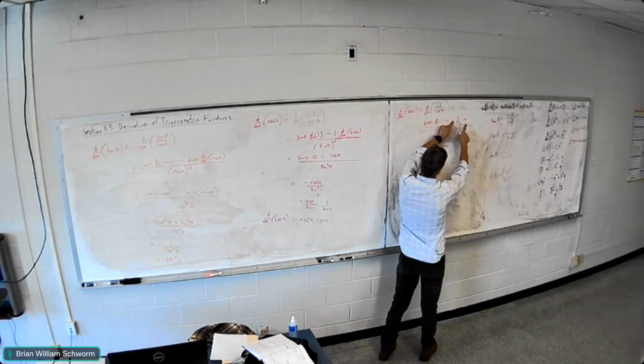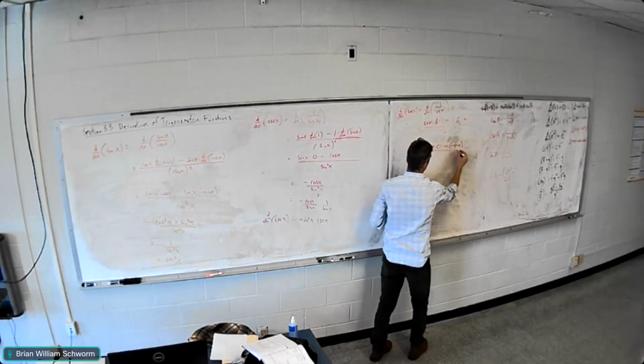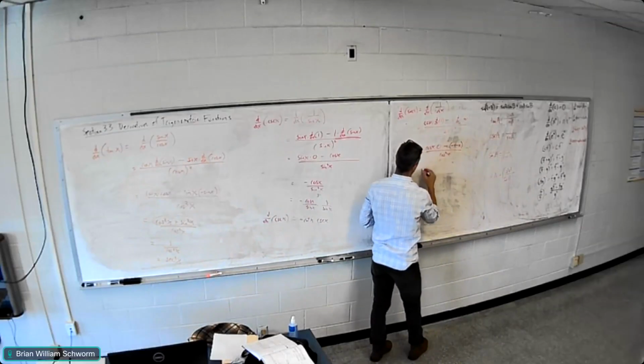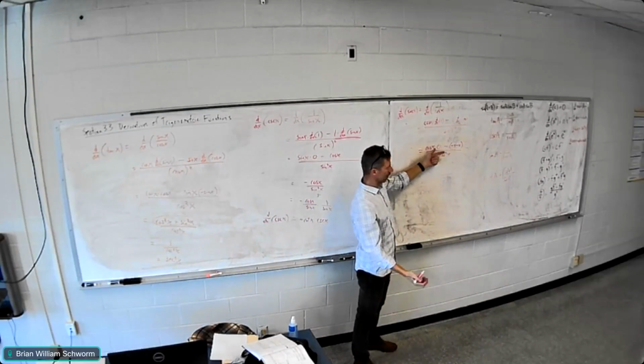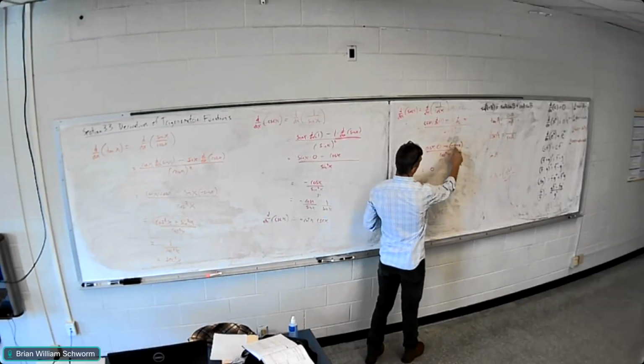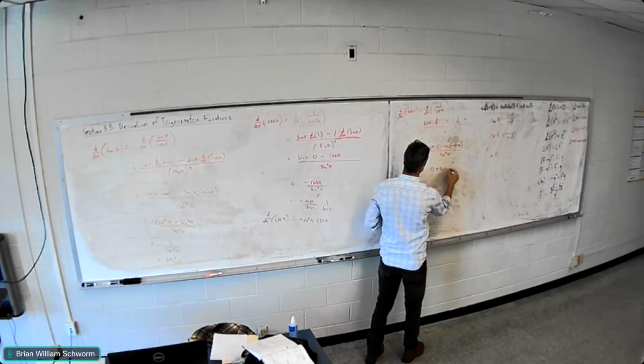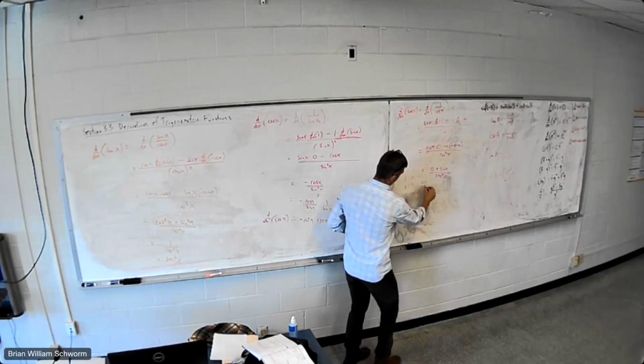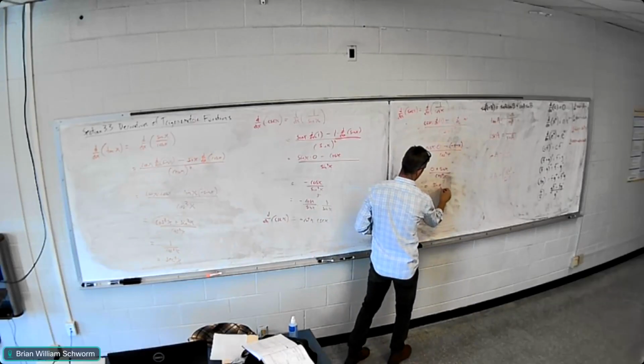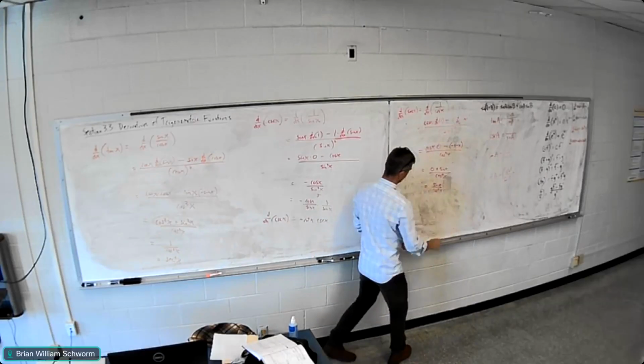That times 1, so 1 times negative sine is negative sine. So cosine squared of x. Cosine times 0 is 0. Minus negative is plus. So I got sine of x over cosine squared of x.